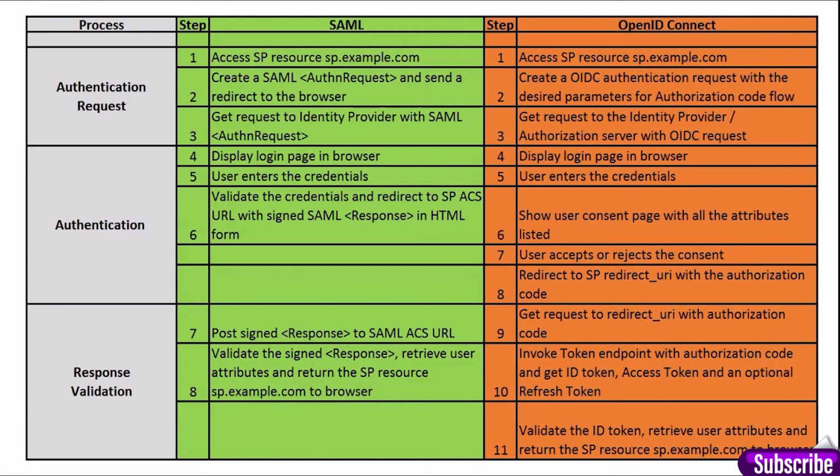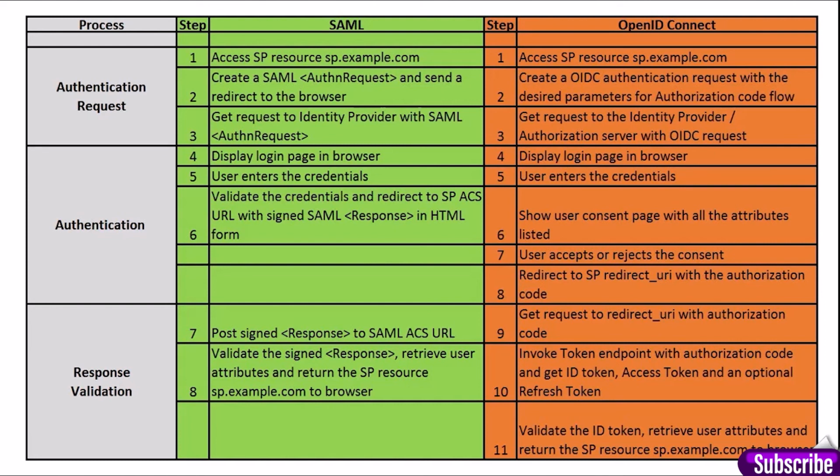OpenID accesses SP resources, where SP stands for service provider, creates an OIDC authentication request with the desired parameters for authorization code flow, and sends a GET request to the identity provider authorization server with the OIDC request.